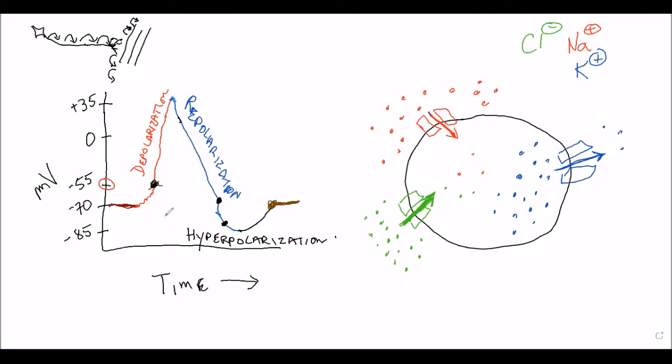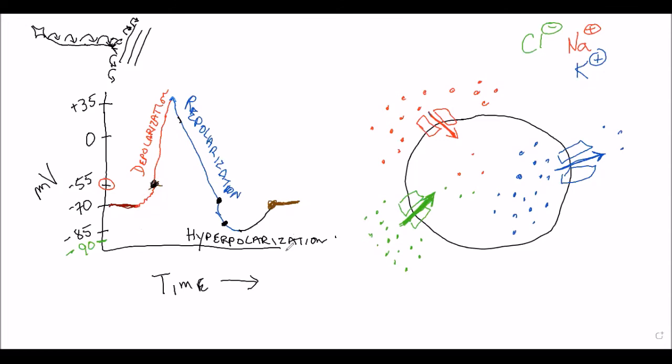So look what happens to the membrane potential. If the membrane potential is going to be more negative now, it could be negative 90. So for us to have another action potential, we need to go from negative 90 all the way to negative 55.